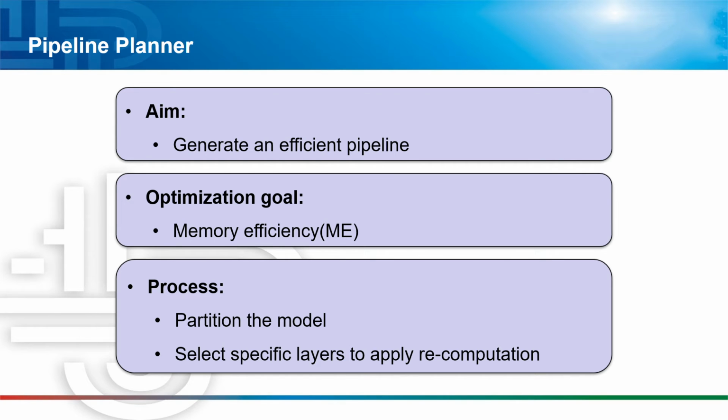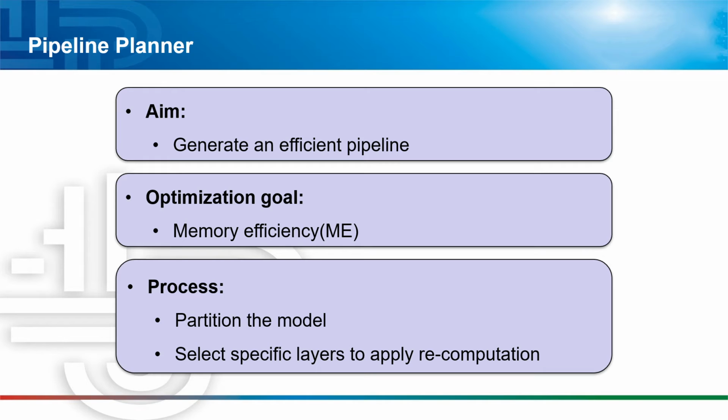Then, the pipeline planner is responsible for generating an efficient pipeline. Most of the existing parallel approaches only consider throughput. In contrast, Hippie's optimization goal is memory efficiency, which contains both throughput and memory footprint.